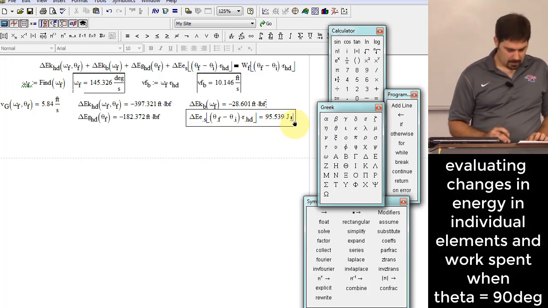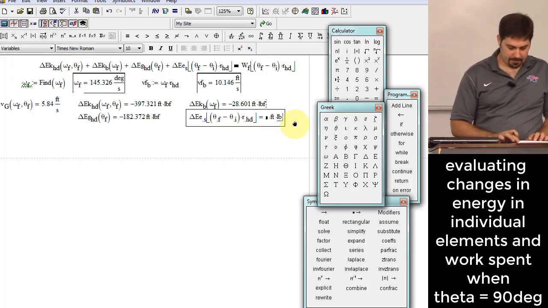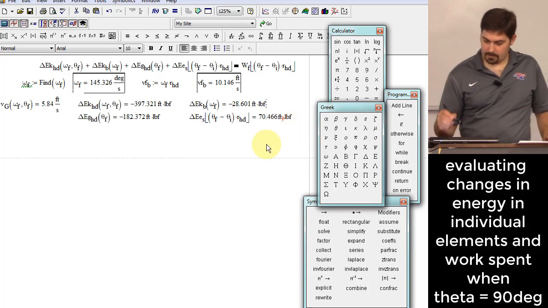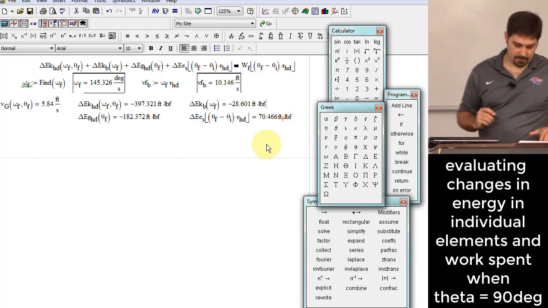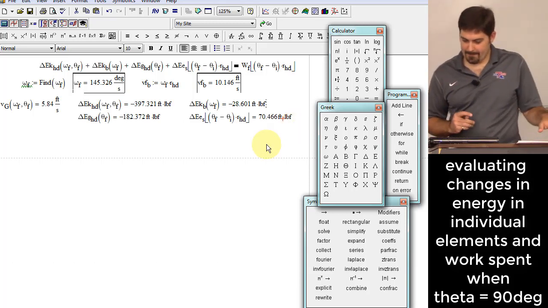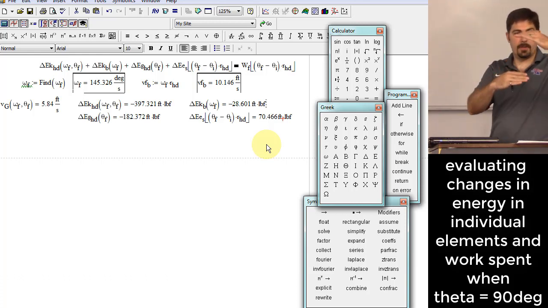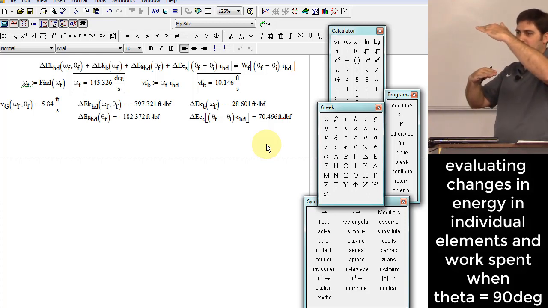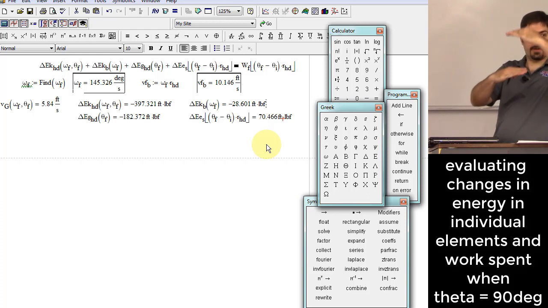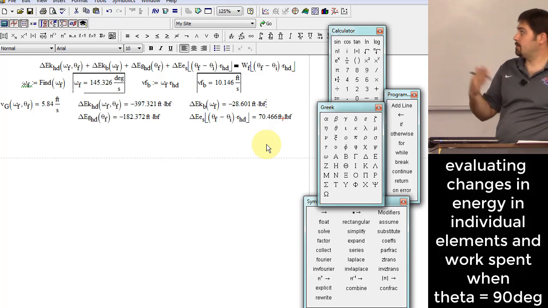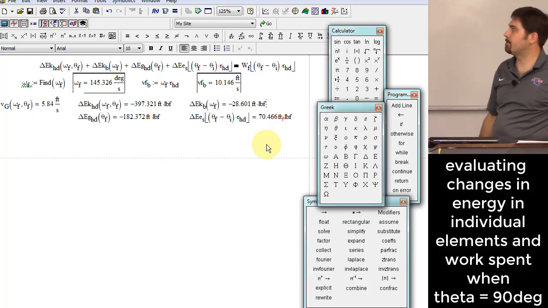Okay, and this one turns out to be positive. Okay, do we like that? So when you start off, the spring is less compressed. And as you move, what happens to the spring? It's being compressed, right? And so it is gaining energy stored inside of it as it moves along. So it makes sense that that would be a positive number.